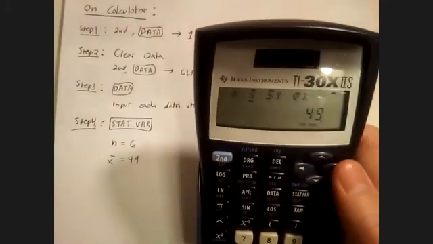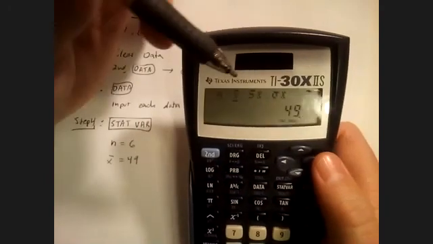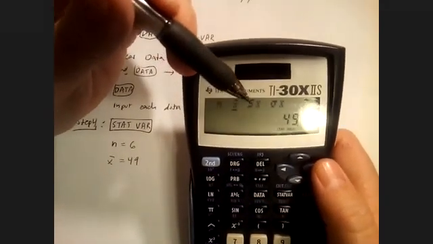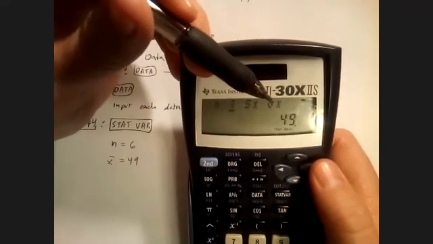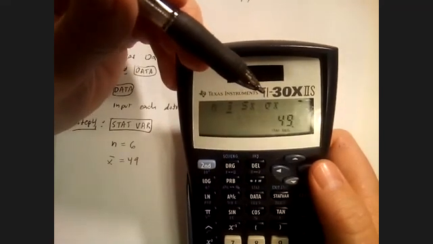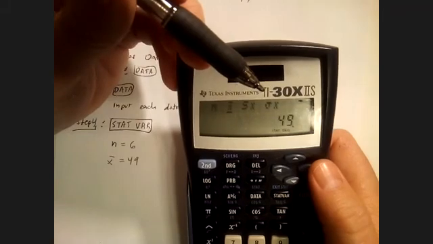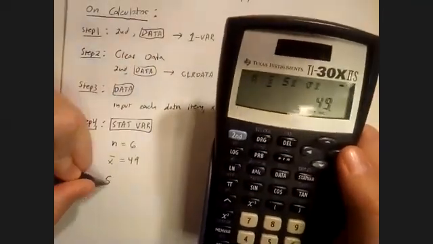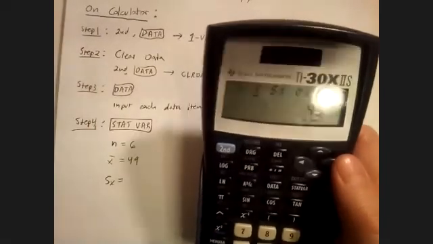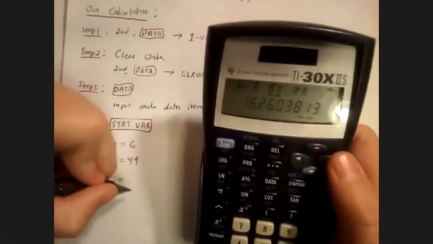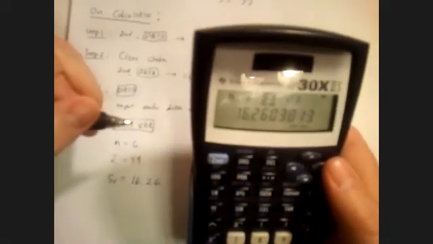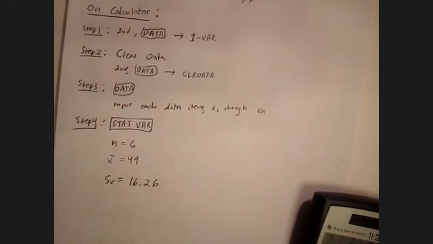And then you see 2 options for your standard deviation. You have SX or sigma X. Sigma is for population. We're not really going to talk about that. So S sub X or S is 16.26, and it keeps going, but the number that I got was 16.26.